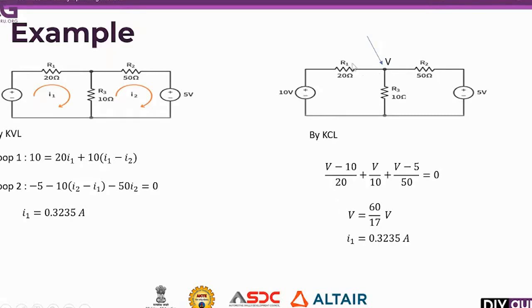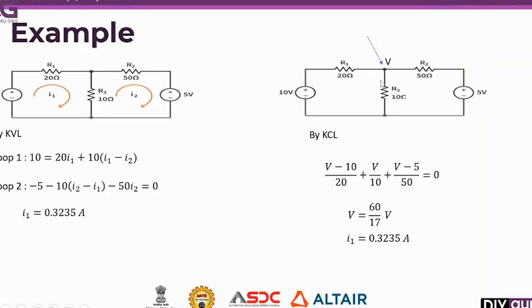So we'll get V minus 10 divided by 20. What is the current flowing through this R3? We'll get V by 10, plus the current flowing in this element, (V minus 5) divided by 50, is equal to 0.